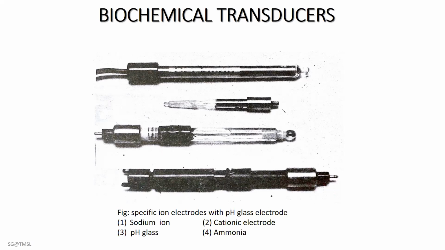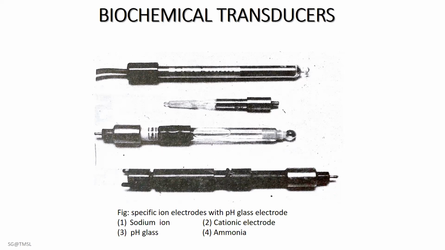Here three specific ion electrodes, along with a pH glass electrode, are shown. The first is the sodium ion electrode, which is used to determine sodium ion activity in blood and other physiological solutions. The second is the cationic electrode, used when studying alkaline metal ions or some enzymes.